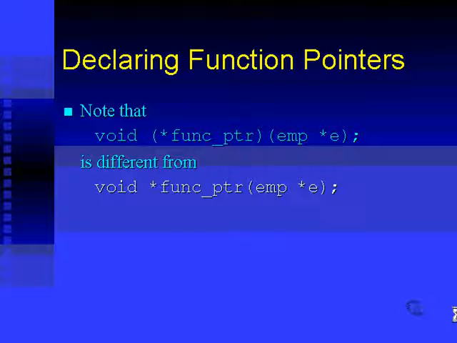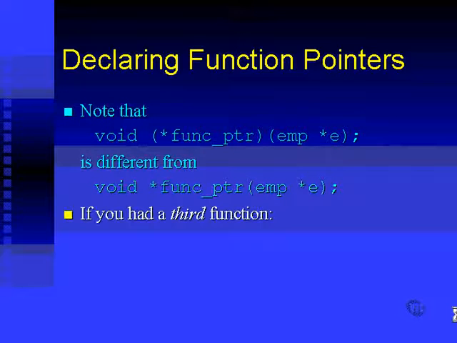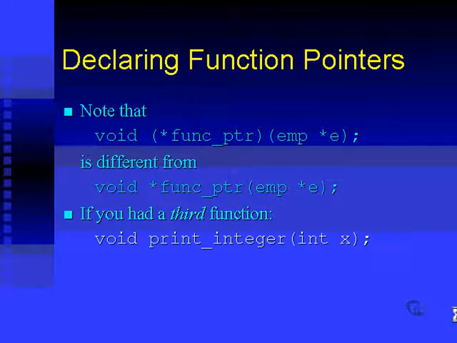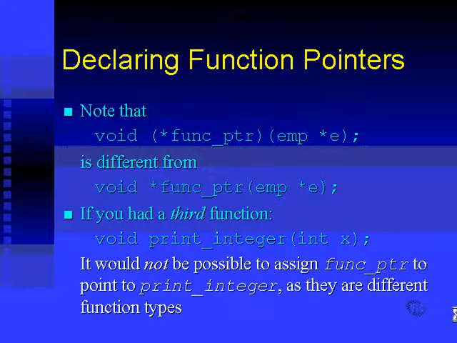Don't get that wrong. It's very easy to get it wrong, and your compiler will not allow it because the function prototype will probably be in the wrong place, and it'll be up to you to try and figure out what you've done wrong. Now, if you had a third function, let's say a function called print integer, which takes one integer parameter and has a void return type or no return type, it is not possible to assign function pointer to point to print integer.